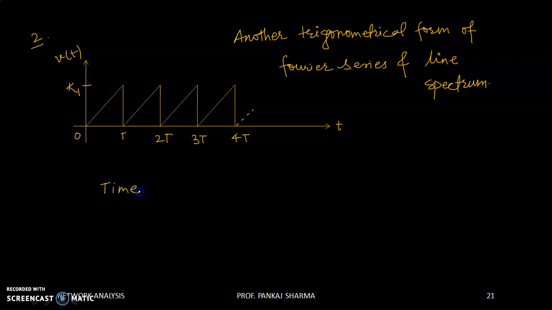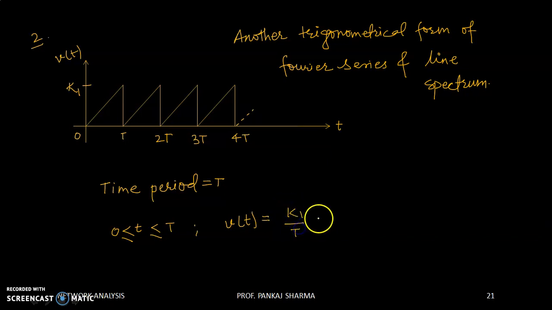The time period of the given sawtooth voltage waveform is capital T, and the expression for the waveform during the time greater than equal to 0 and lesser than equal to capital T was found, and that was Vt is equal to k1 by T into t.